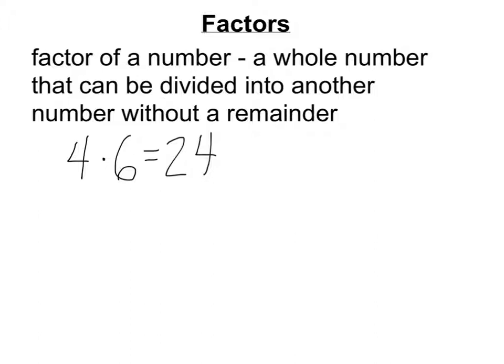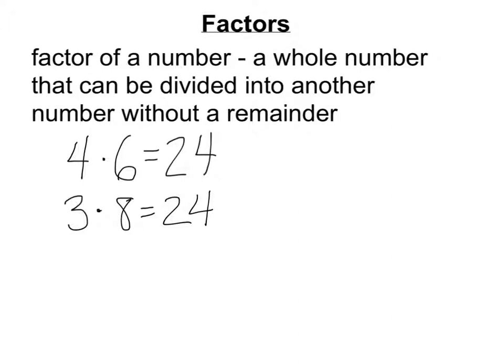24 also has other factors. We also know that 3 times 8 equals 24. So therefore, 3 is a factor of 24, since if we divide it comes out without a remainder. And 8 is a factor of 24, since if we divide it comes out without a remainder.